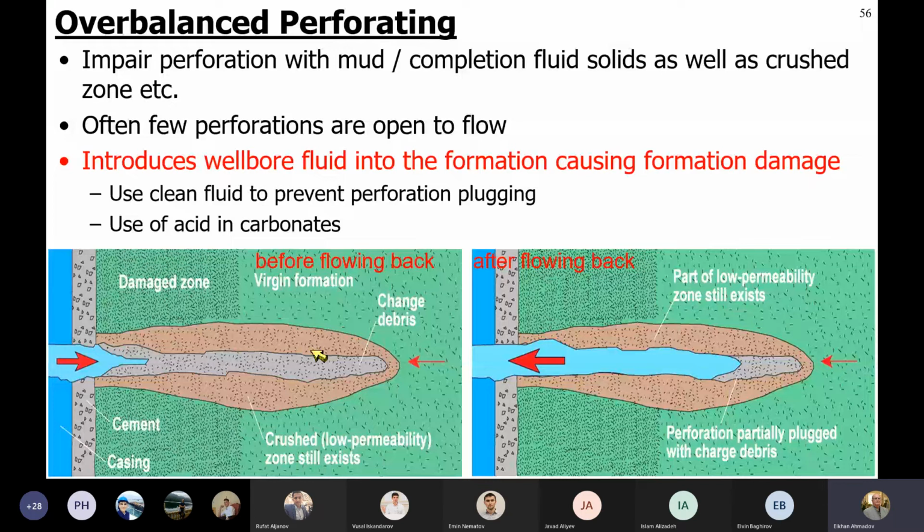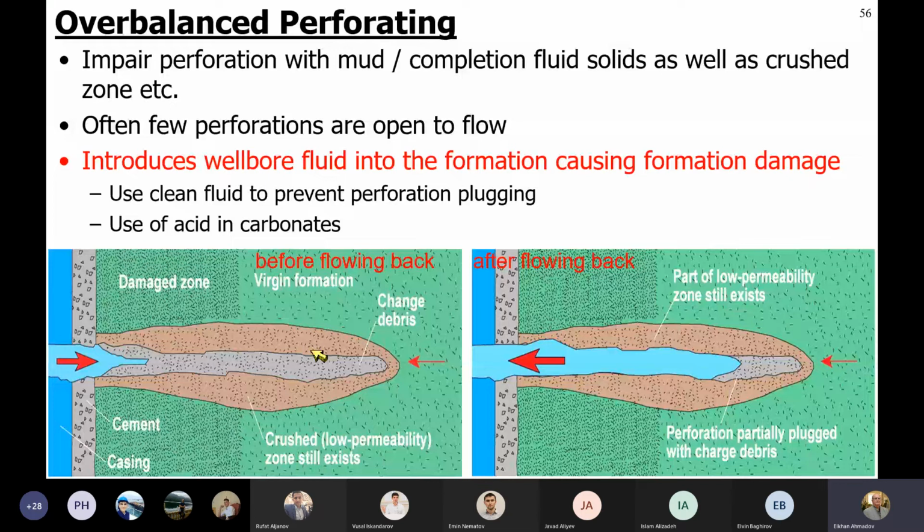And then, of course, we will try to flow back this well to open the perforations, and this will partially clean up the perforations, and we will get some area to flow.